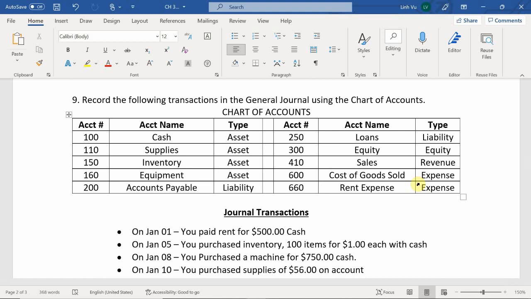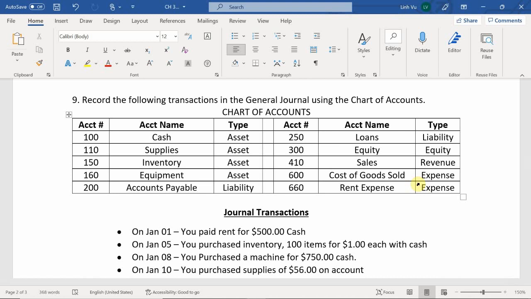Cash and rent. Good, excellent. We're going to be using the cash account and the rent expense account. So account number 100, which is cash, which is an asset, and then account 660 for rent expense.